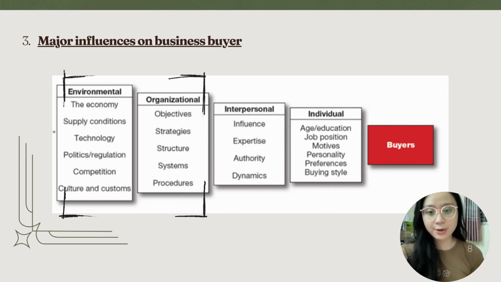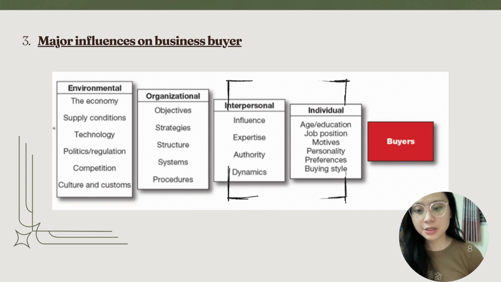Supply of key materials affects buying, such as scarce materials or key materials held in inventory. Culture and customs also influence reactions, especially in international environments. Next is organizational factors. These include questions about the strategies, objectives, structures, and systems of buying organizations.